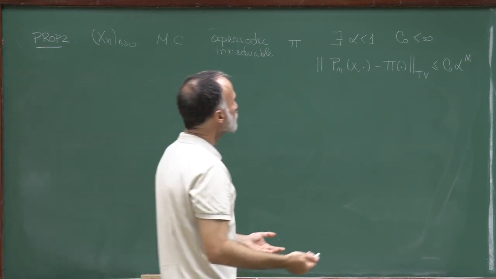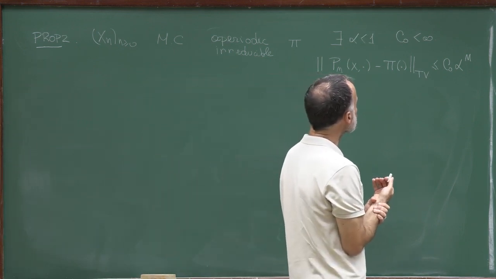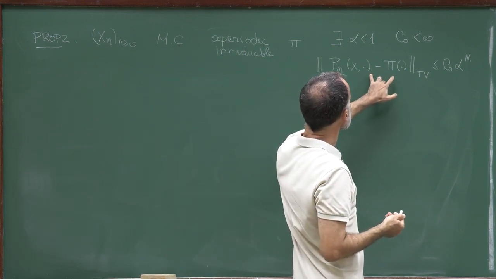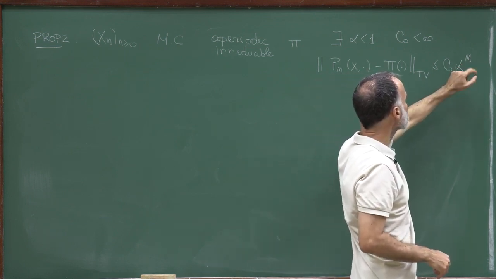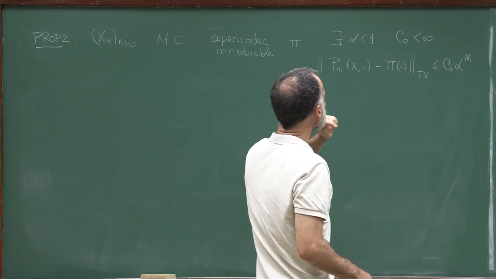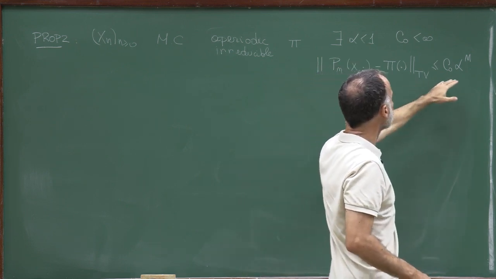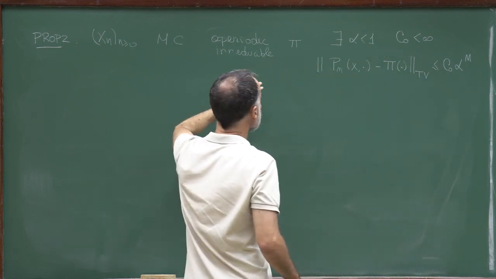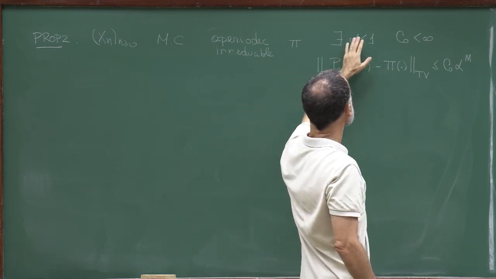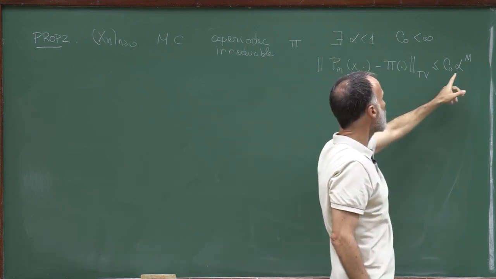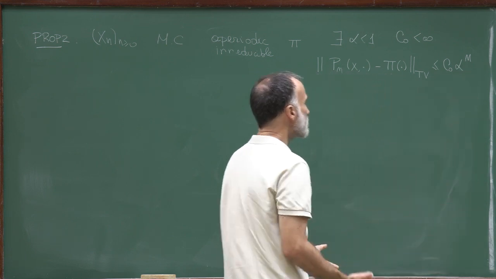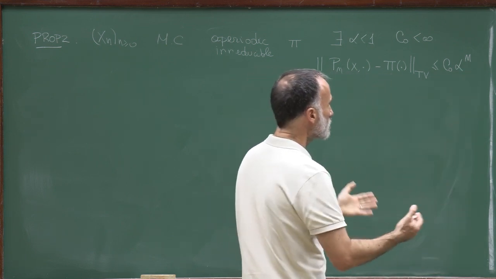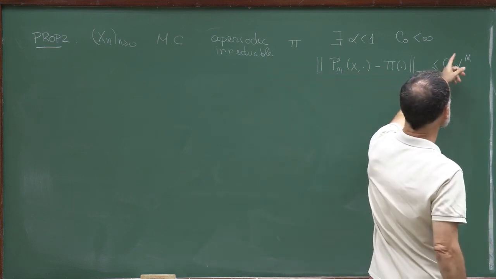So this proves what I said in the previous lecture, that the total variation distance is decreasing exponentially fast to 0. Of course, the problem here is that this proposition doesn't give you an explicit formula for alpha. So alpha can be very close to 1. It will depend on the state space. If the state space is very large, it can be really close to 1.